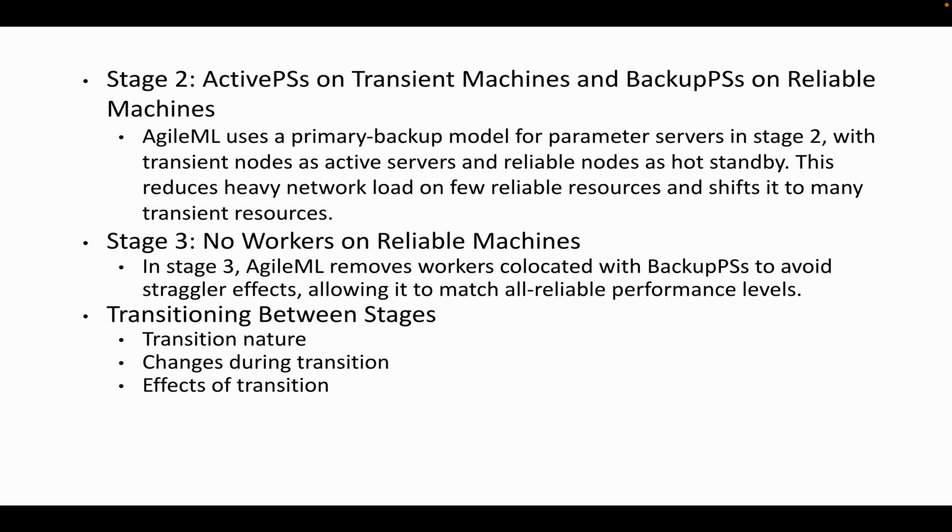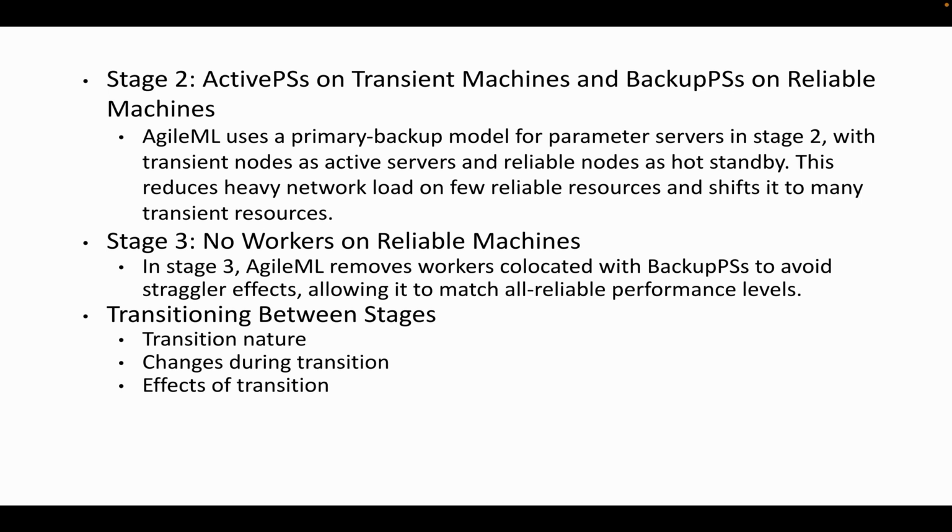Workers on transient nodes update and read from the active PSs on transient nodes. This is a frequent process, and the active PSs send bulk updates to backup PSs on the reliable node. This is a less frequent process than the active PS updates. So this is all about stage 2.